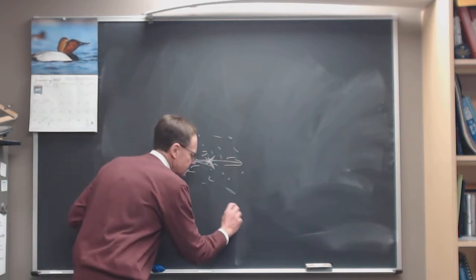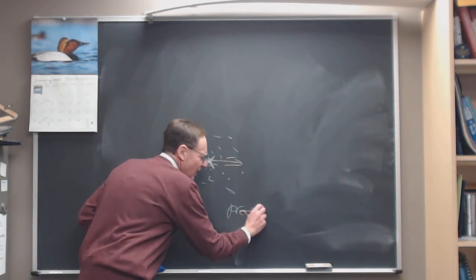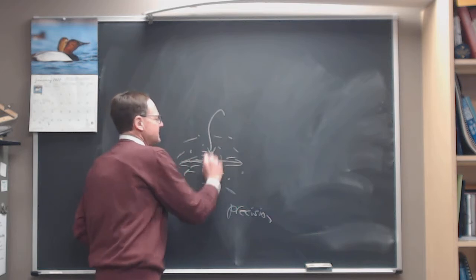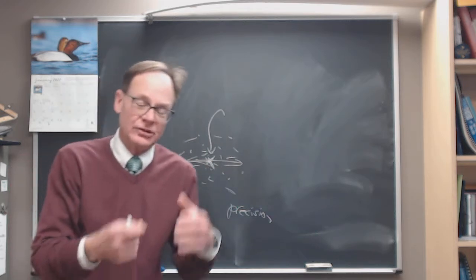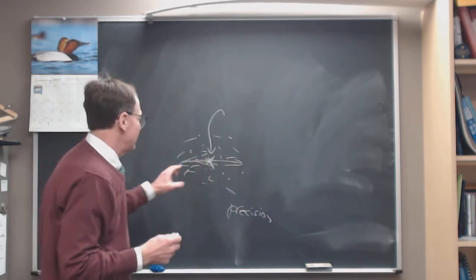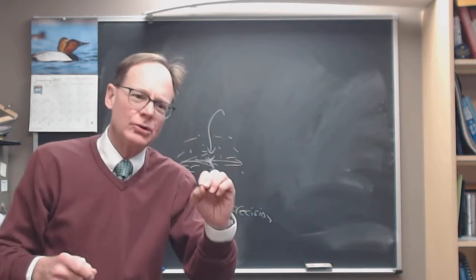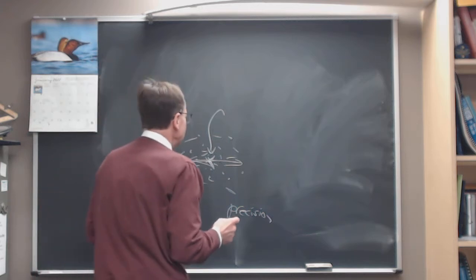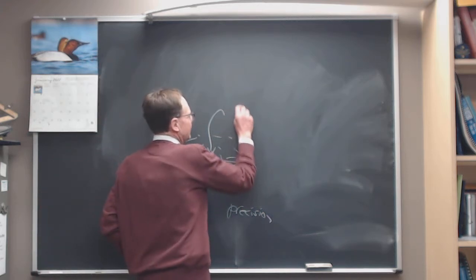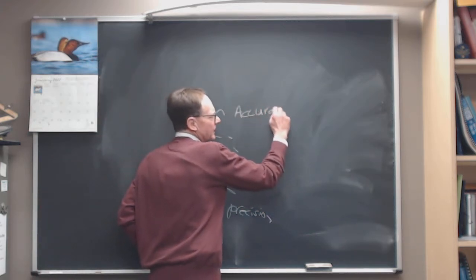This spread across here is precision. How close the mean that you measured is to the actual value of the thing that you're trying to measure is a question of accuracy. So let me give you an example.